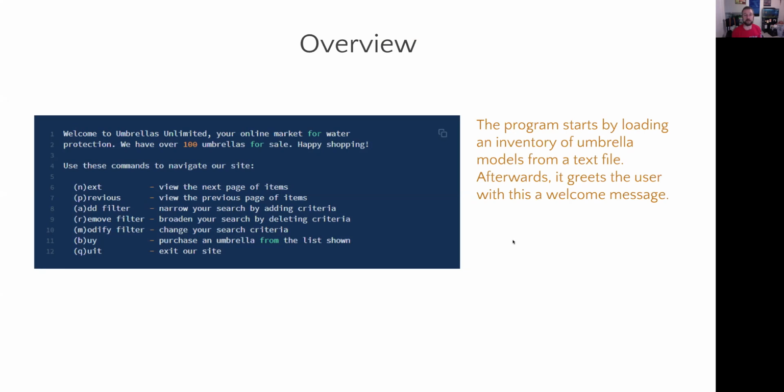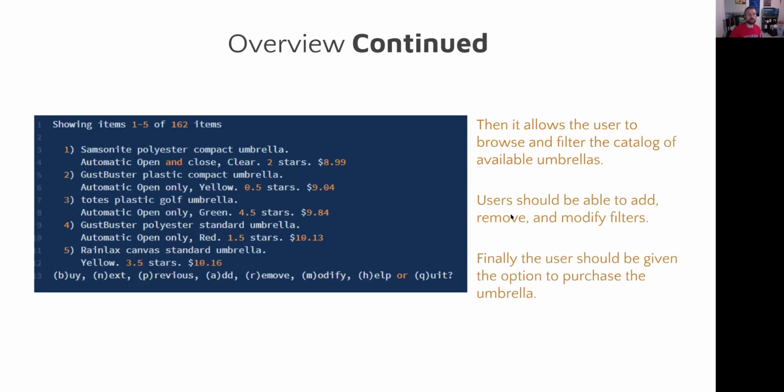So it will start by loading that inventory of umbrella models. So the Replit project that you'll see has those files associated. And when you say next, then you will start to see a list of those umbrellas. And so it'll allow the user to browse, go next and previous, and also filter by adding filters, removing filters, or modifying filters.